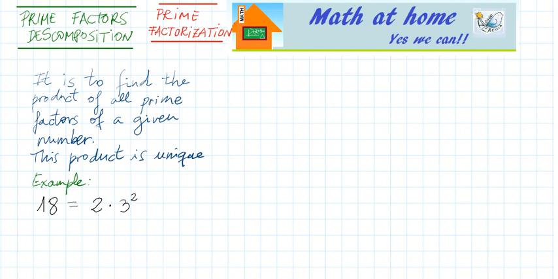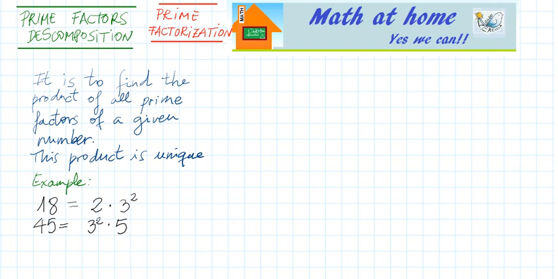Another example can be the number 45. You know that it is 5 times 9. Then we are going to say that it is 3 squared, which is 9, times 5.